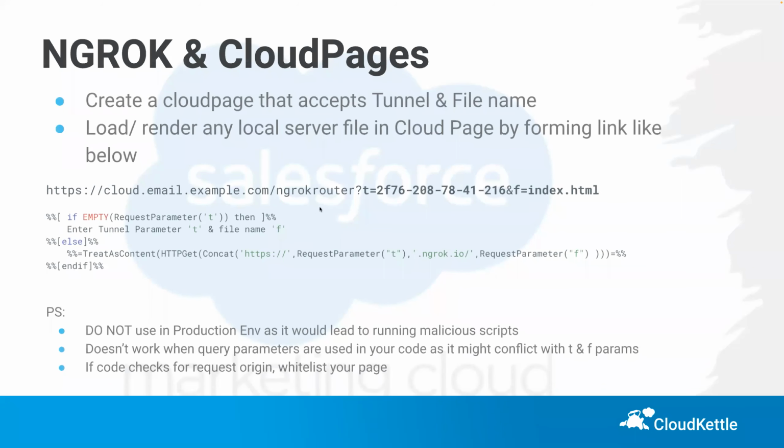So this cloud page takes two parameters, a tunnel URL and your file name. Once it gets both of them, all it does is use HTTP GET to load the data, and it would render it because it is treated as content. It would render the particular HTML content from your local machine in your cloud page in your business unit, and you'll be able to see the result.